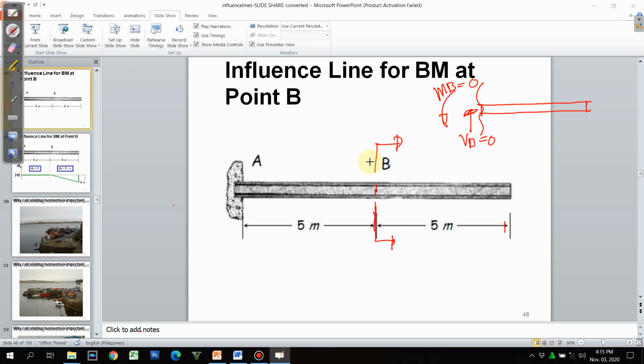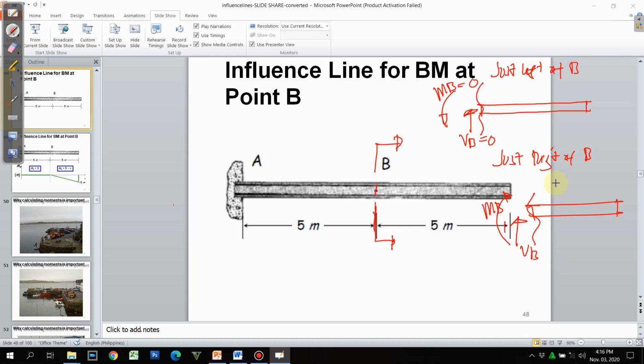And again, if your unit load begins to enter B, this is just left of B and just right of B. We have VB here and moment at B. Therefore, 1 here will be included. So this is X.